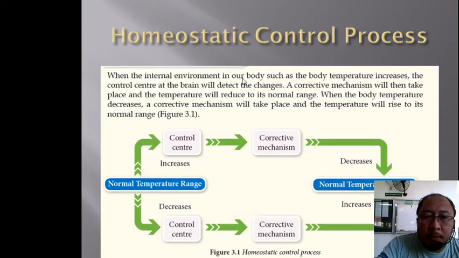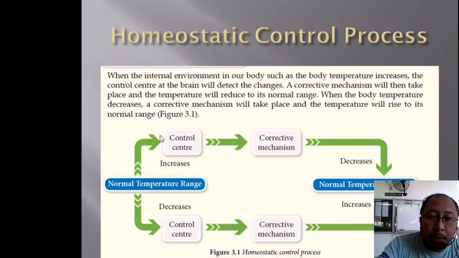Homeostatic control process for both of the internal environment. When the internal environment in our body, such as the body temperature, increases, the control center at the brain will detect the changes. A corrective mechanism will then take place and the temperature will reduce to its normal range. When the body temperature decreases, a corrective mechanism will take place and the temperature will rise to its normal range. So this is figure 3.1 that shows the homeostatic control process.